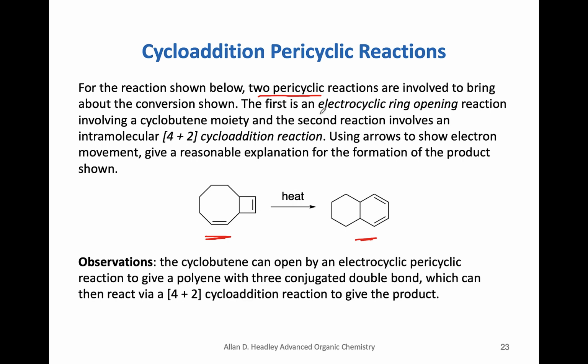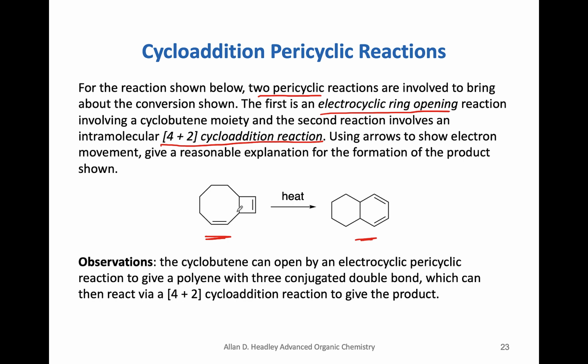The first is an electrocyclic ring opening. Remember, electrocyclic reactions were done in the previous lecture. Okay, and the second reaction is now the 4+2 cycloaddition reaction. So let's see if we can figure that out.